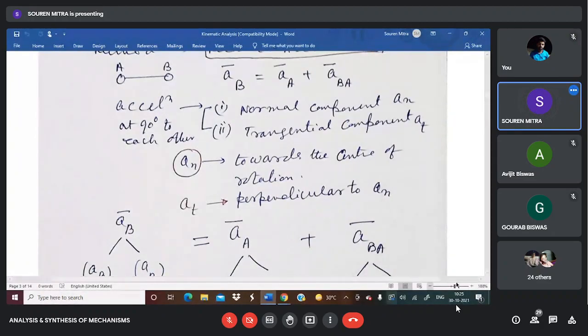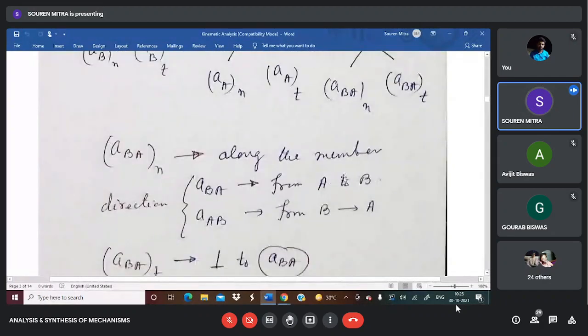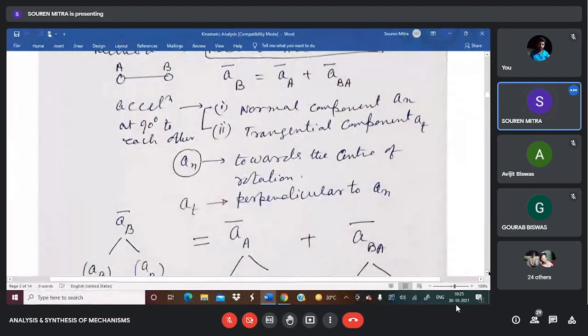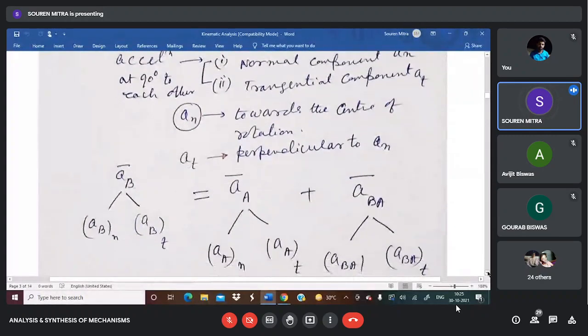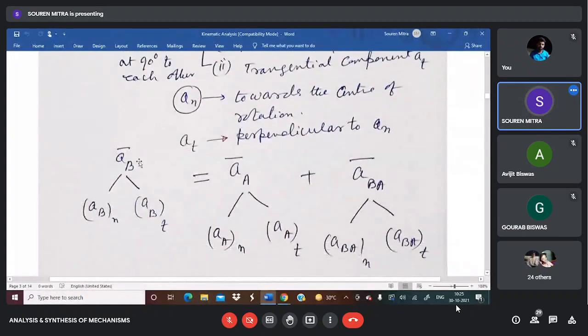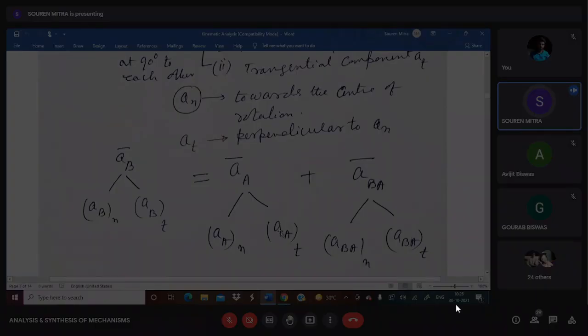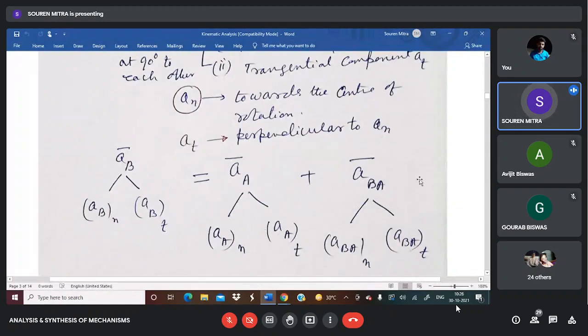So we have to break it down into this. The vector expression has to be broken down into two. Acceleration at point B is a vector sum of normal acceleration at point B and tangential acceleration at point B. Acceleration at A is a vector sum of normal acceleration at A and tangential acceleration at A, plus relative acceleration of B with respect to A, which will have two components.